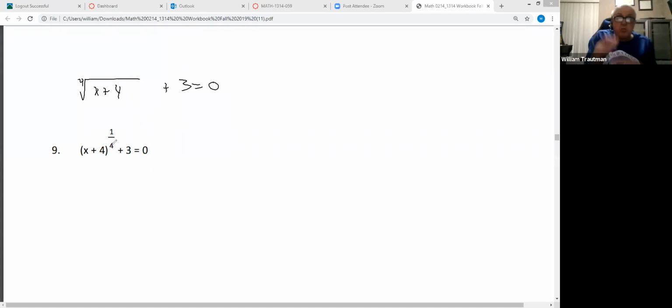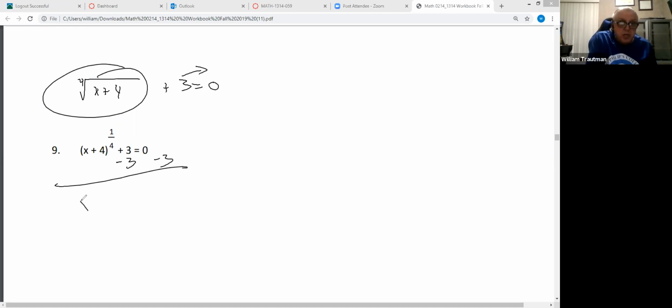So get the radical, even here, get the radical by itself. So I want to take the 3 to the other side by subtracting 3. And I have x plus 4 to the 1/4 power equals negative 3. Now I want you to get used to this method also.